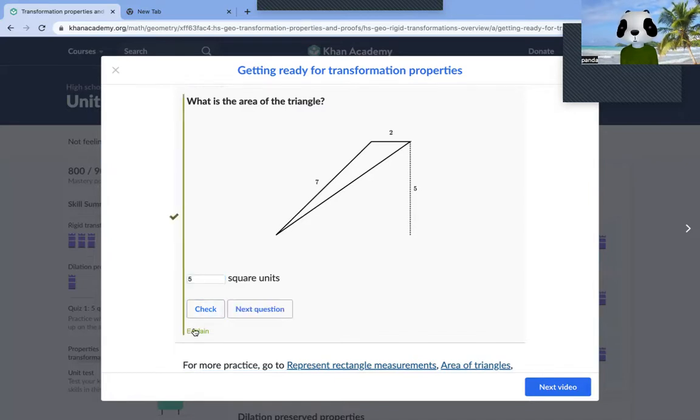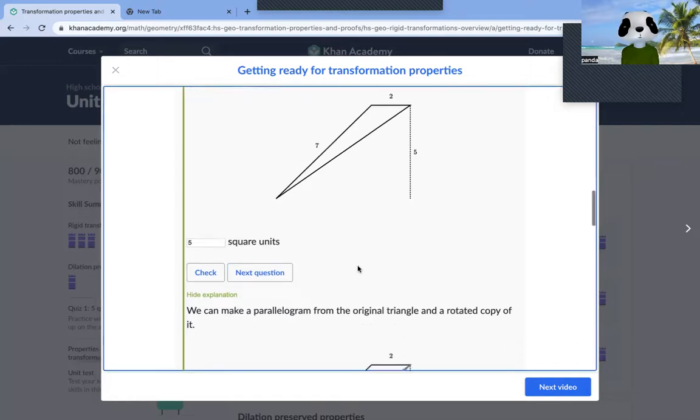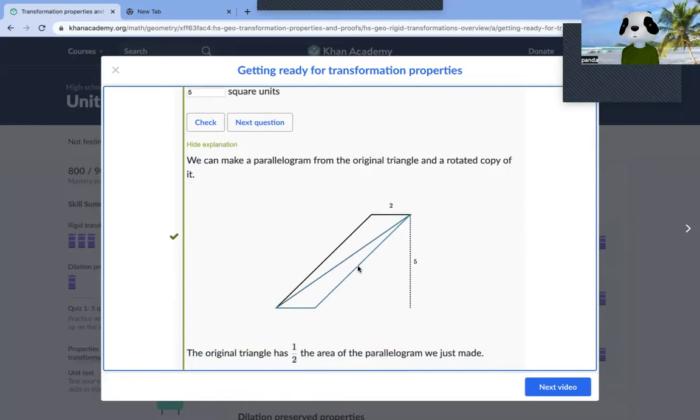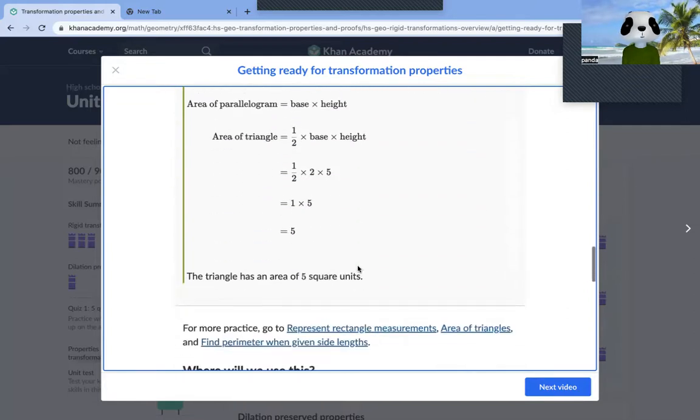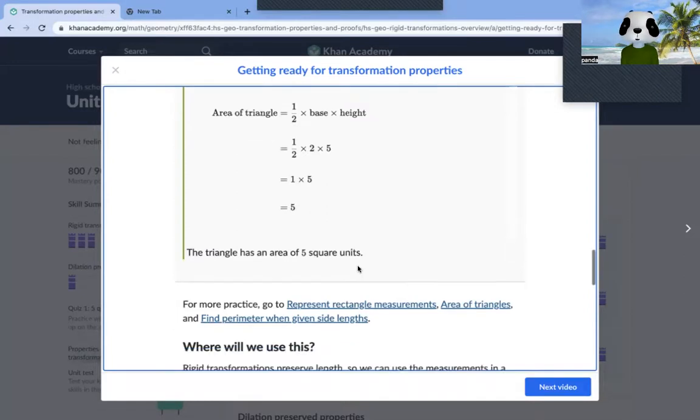And we got it right. Just for kicks, we can make a parallelogram from the original triangle by rotating a copy of it. The original triangle has 1/2 the area of the parallelogram we just made. So the triangle has an area of 5 square units.